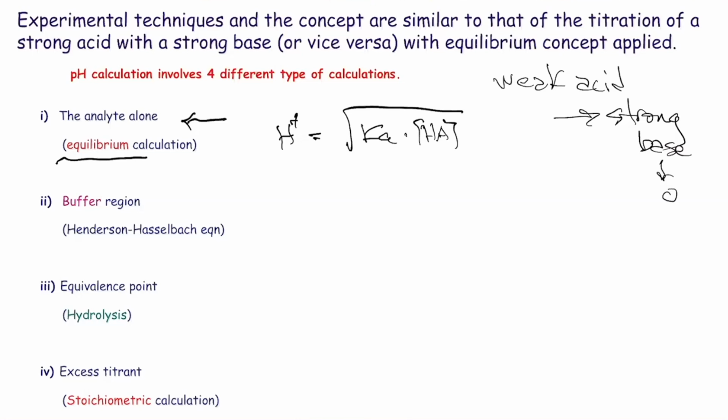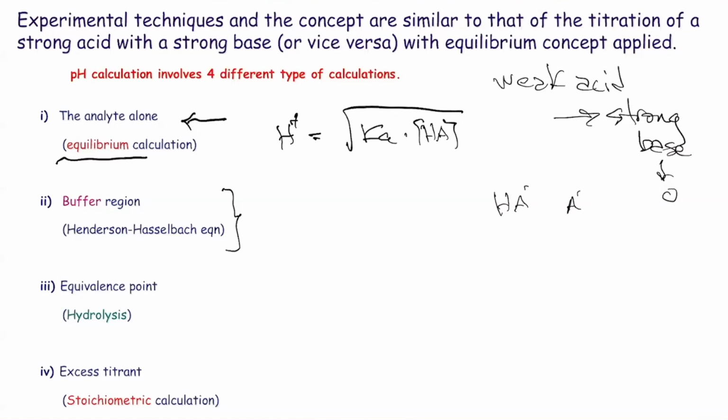Okay? Buffers, super easy, because now you're going to add a certain amount of base into your analyte, and some of it reacts. So what you have here is the acid and its conjugate present in the same solution. Guess what?